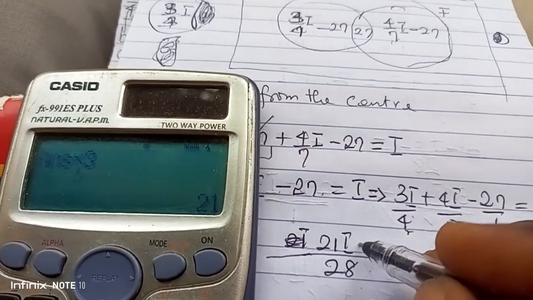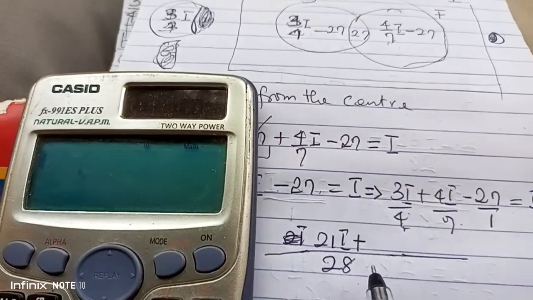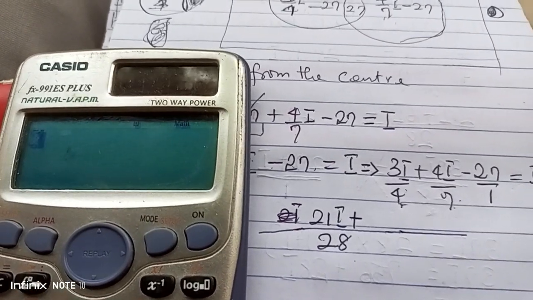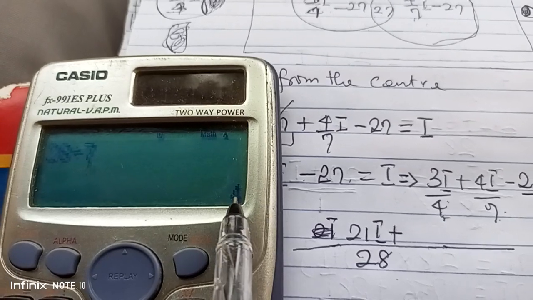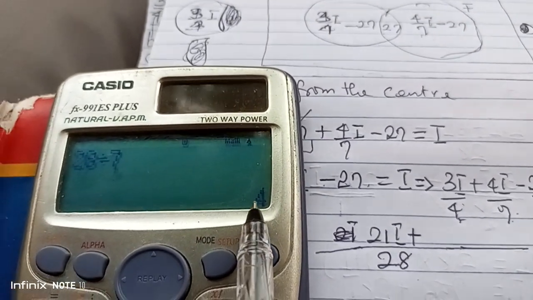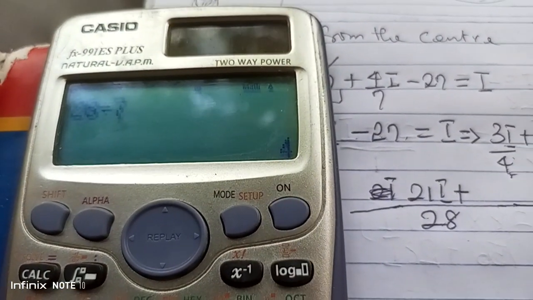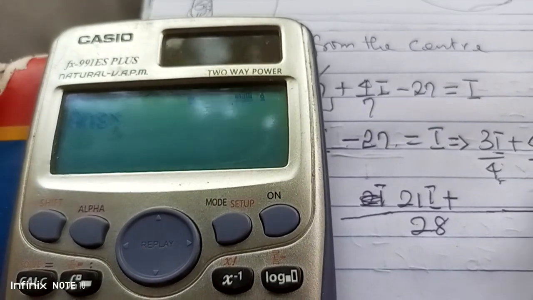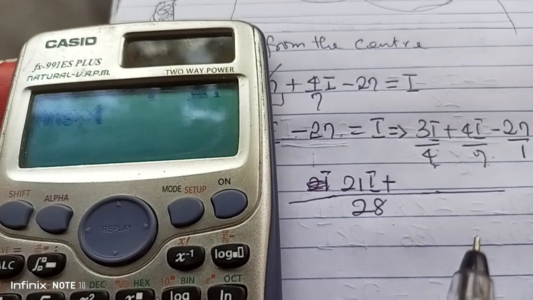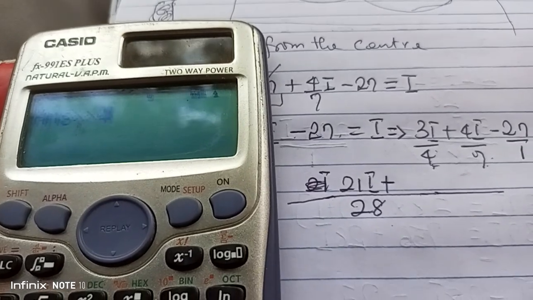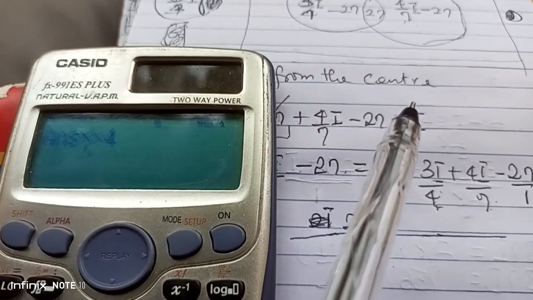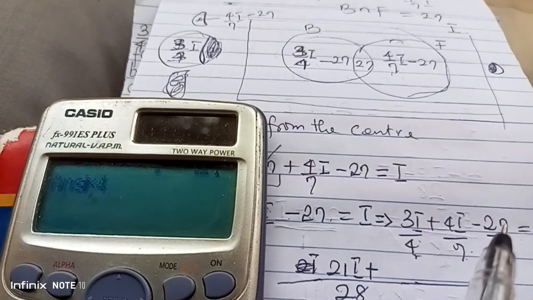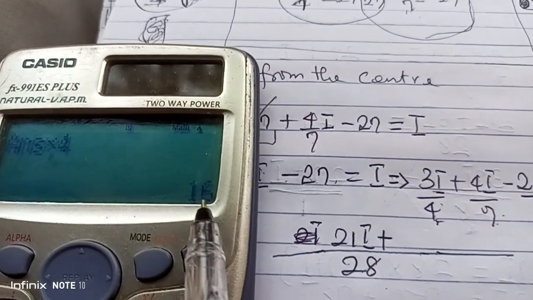Plus the other one is 28 divided by 7. What do I get? I get 4. 4 times what I have here, 4, I get 16.